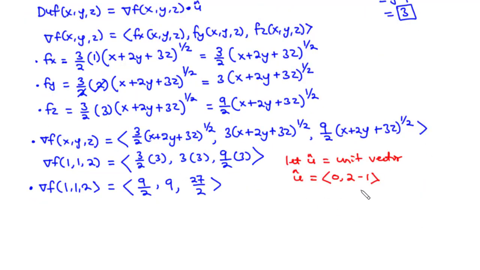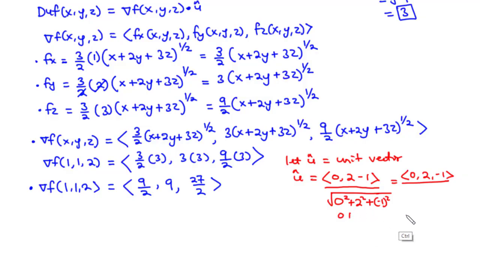So the unit vector is equal to the direction vector divided by its magnitude. We have the magnitude to be the square root of 0 squared plus 2 squared plus negative 1 squared. So we have (0, 2, -1) all divided by, now 0 squared is 0, 2 squared is 4, and then negative 1 squared is 1, so that becomes 5.